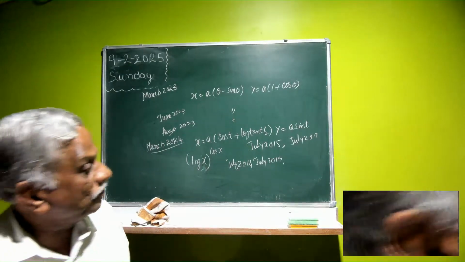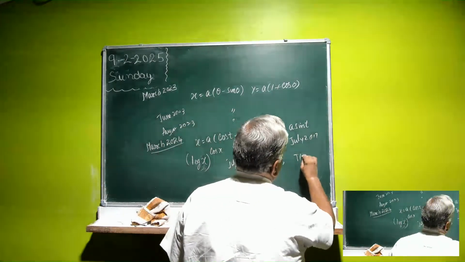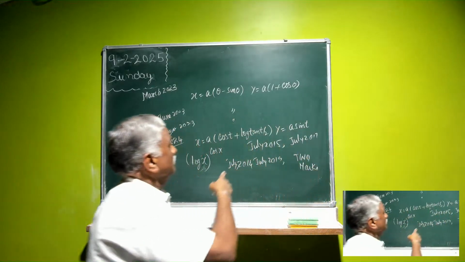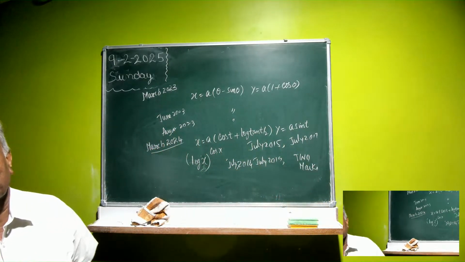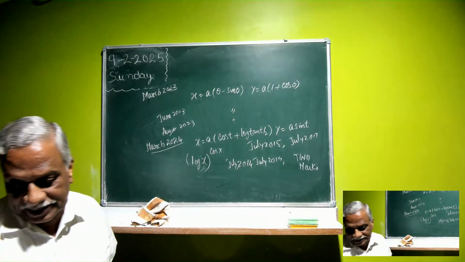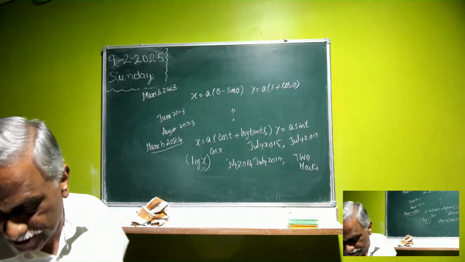These 2 years I have asked this question for 2 marks. Now they are asking the same question for 4 marks. So I can skip this. And that year, 2024, there were 3 questions.